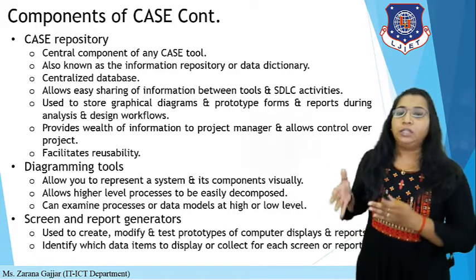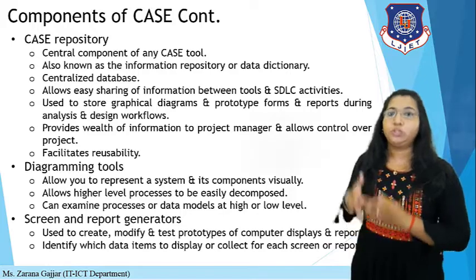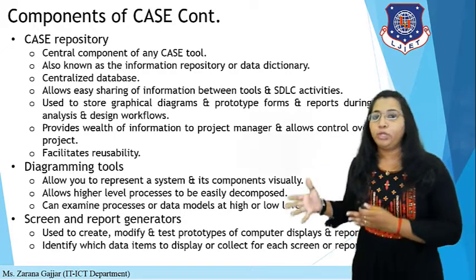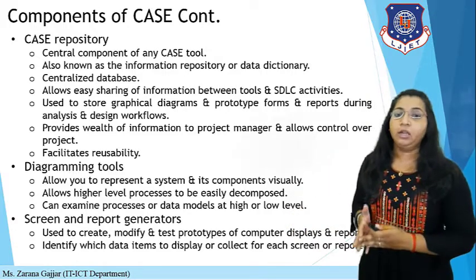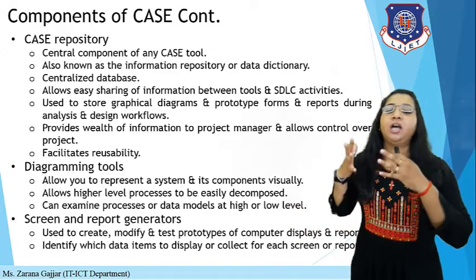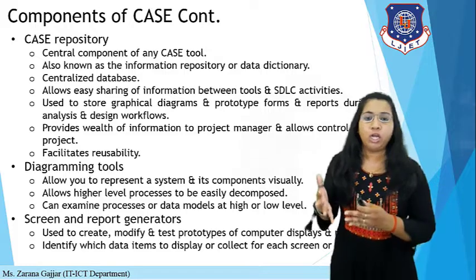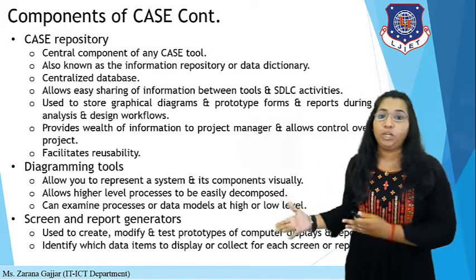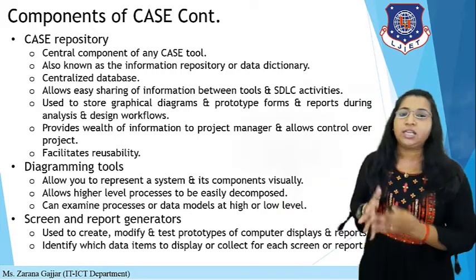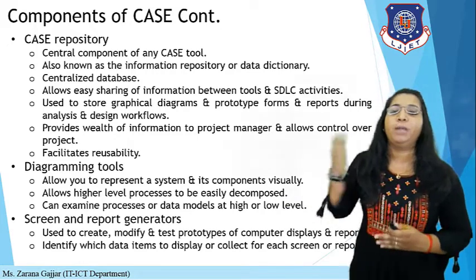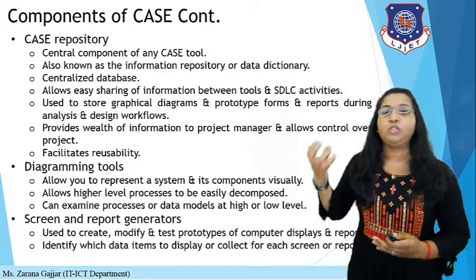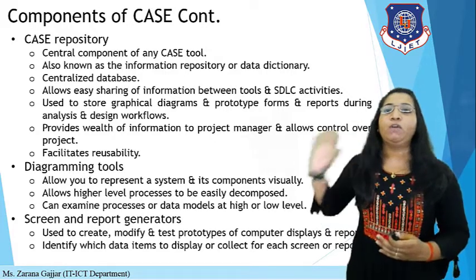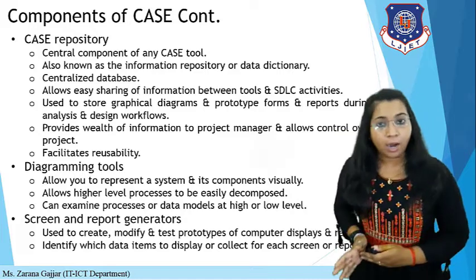This component is used to create, modify, and test prototypes of computer display and reporting. It will generate an actual report for your web application, and it also identifies which data item to display or collect from each screen and report. So if you have developed multiple pages, from which page you have to collect which information is also an activity of the screen and report generator component.